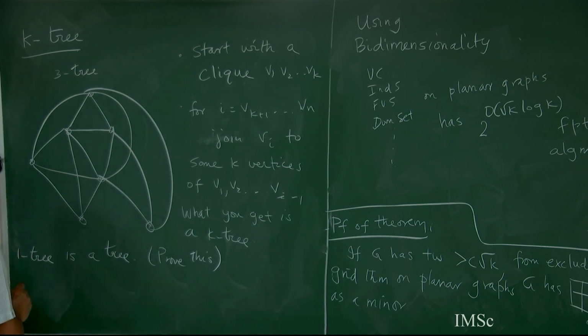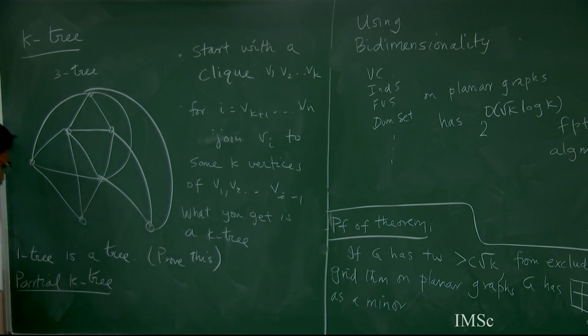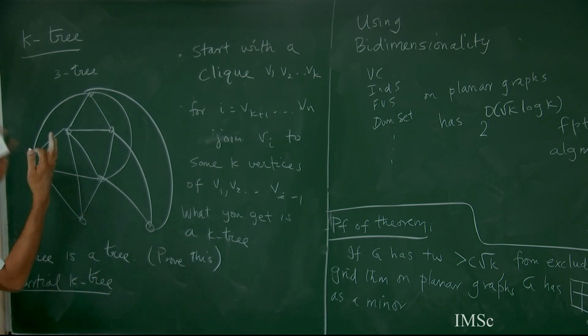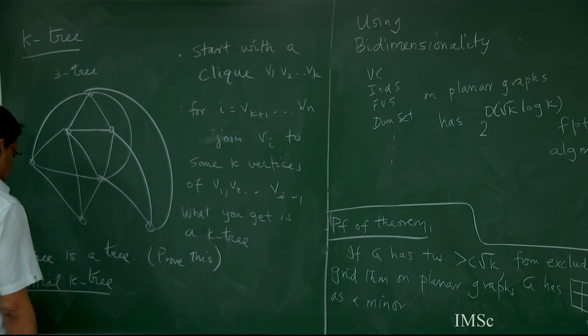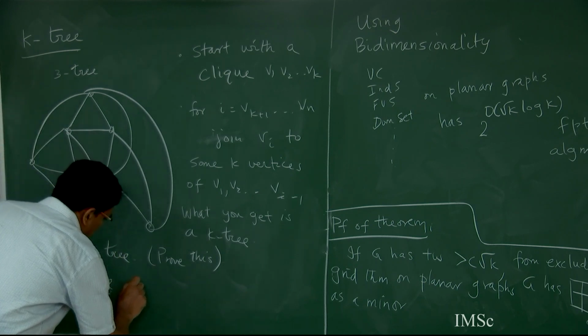Let us define a partial k-tree. It's basically a subgraph: just delete some edges out of your k-tree and what you get is a partial k-tree.